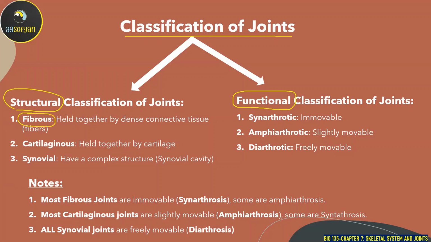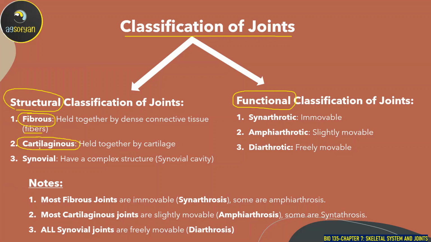And this name tells you there is a fibrous connective tissue that joins one bone with another bone. The second type is called the cartilaginous joint.